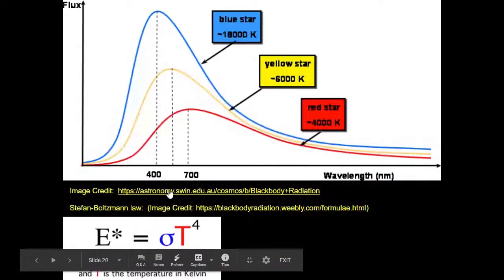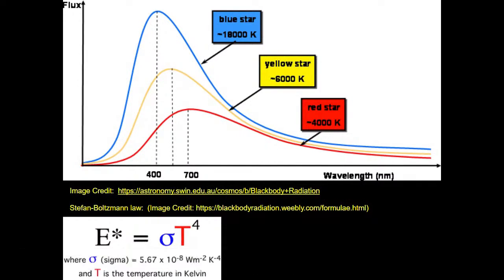And there are stars which are cooler. For example, from the continuum spectrum, you can estimate the temperature of the sun, and the sun's photosphere has a temperature of about 6,000 degree Kelvin.